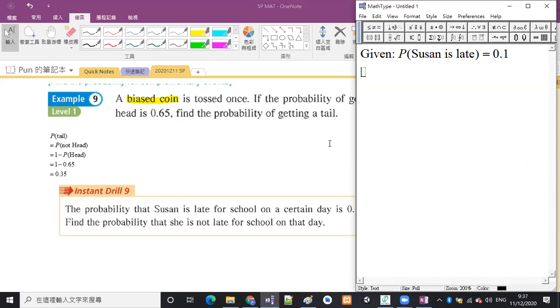Okay, and then the question asks you to find the probability that Susan is not late. Okay, Susan is not late. Can you get the idea here?